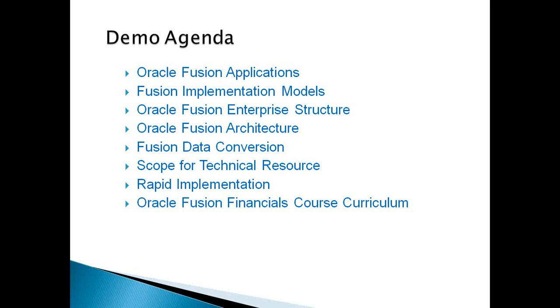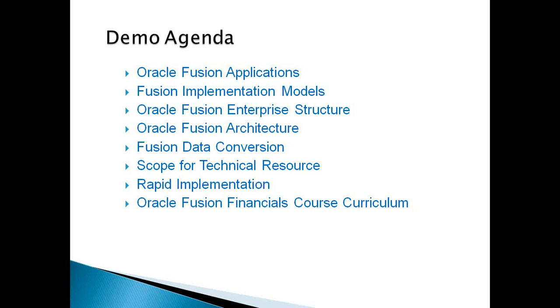The next point is Fusion data conversions. We know how we do data conversion in EBS; that is totally different in Fusion applications. Since that is a big change, I planned to talk about a few points on data conversion. The next one is the scope for technical resources in Fusion applications.